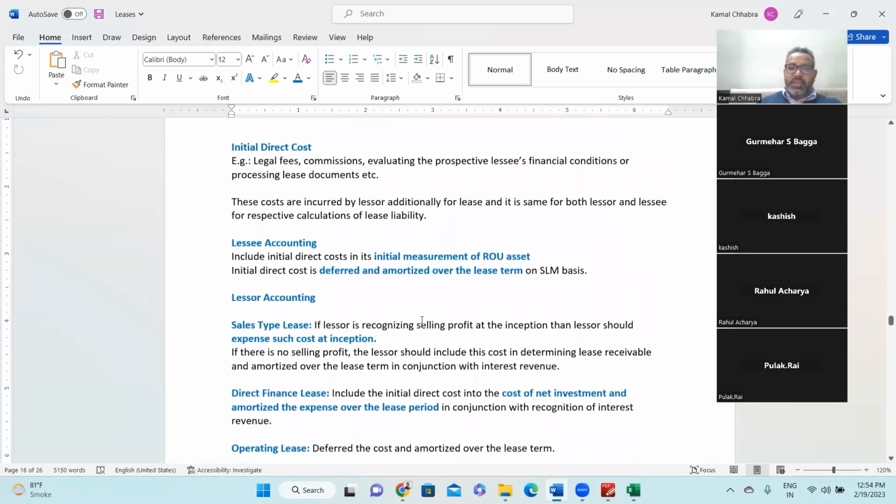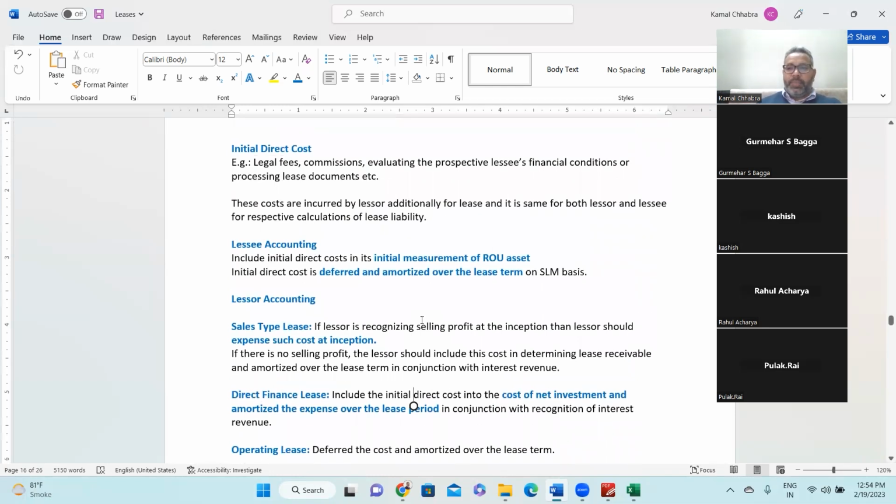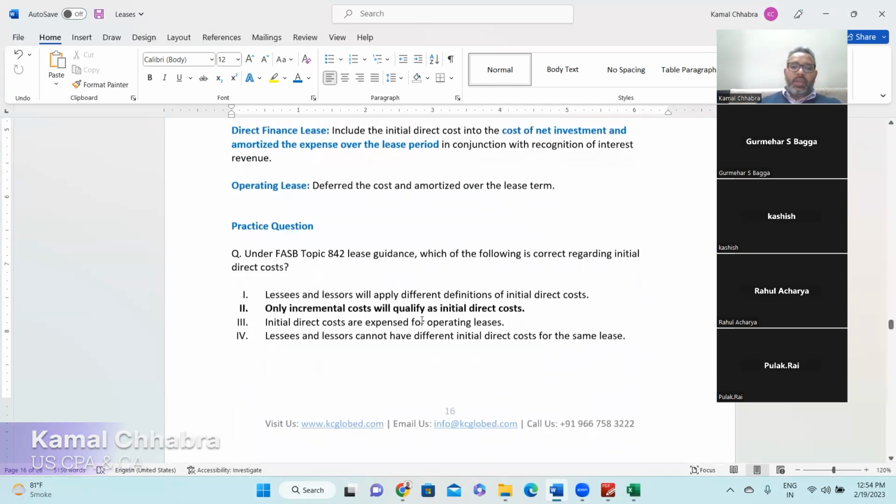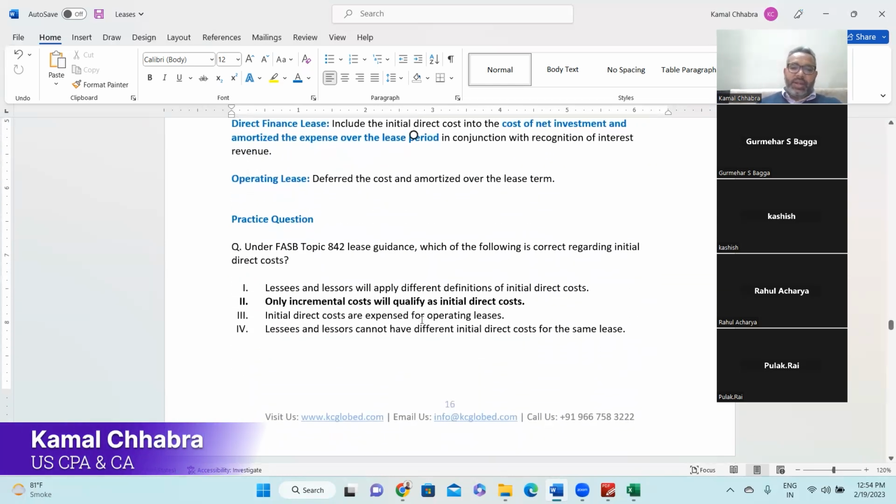The answer is yes. Only the cost which is directly paid for the lease agreement, which is incremental, not your regular expense, right? Third option, initial direct costs are expensed for operating lease. The answer is no. It is clearly mentioned that it is deferred, right?